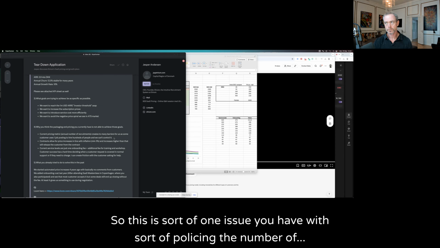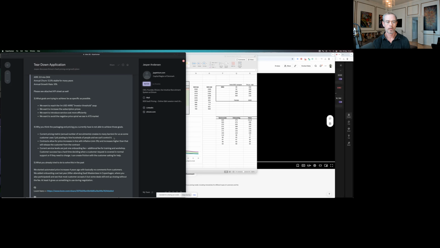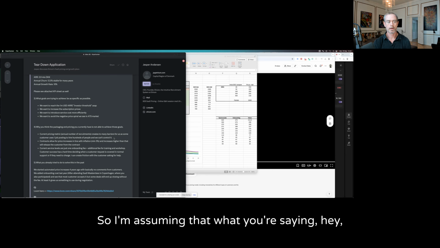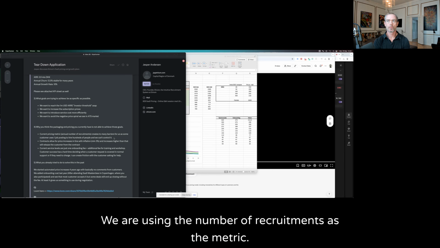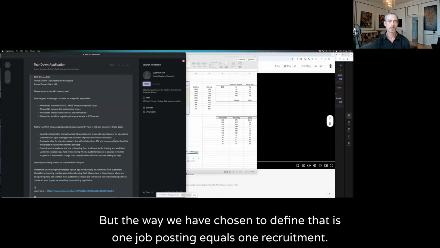So this is sort of one issue you have with policing the number of... so I'm assuming that what you're saying is, hey, we are using the number of recruitments as the metric. But the way we have chosen to define that is one job posting equals one recruitment.